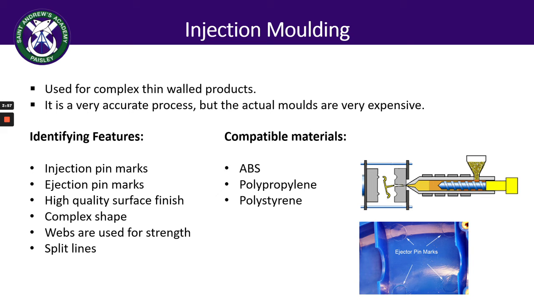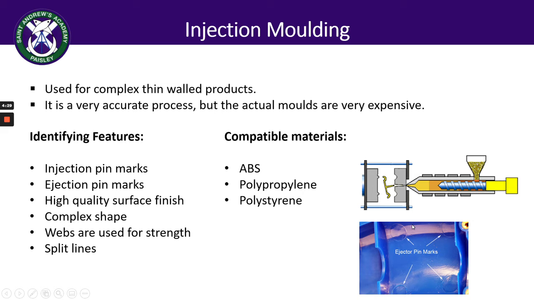So how can we tell if a product has been injection moulded? Well, here are some of the identifying features that we would ask you to remember. Where the material has been injected into the mould, there's often like a rough mark sticking out. This is referred to as the injection pin mark. Or when it's injected, it can be a round dent, and I've shown some examples here on this image.